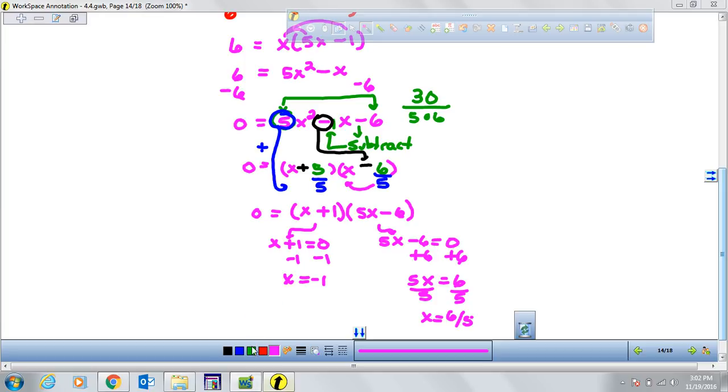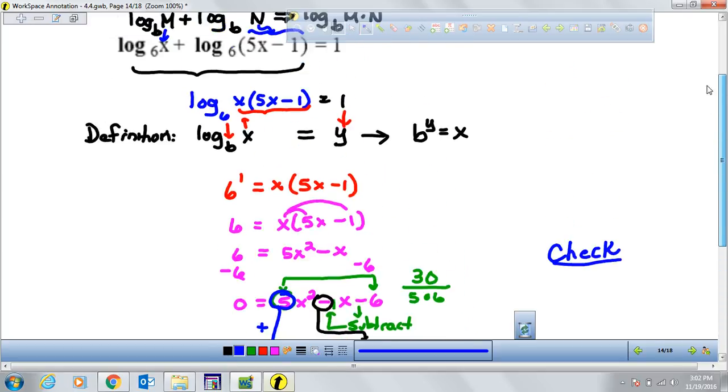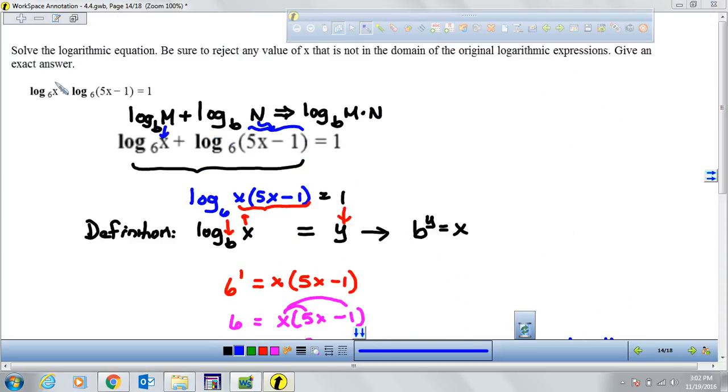But now keep in mind that we need to check the solutions. I'm going to do the checking right here. To check them, we need to first find the domains of the original logarithmic expressions by setting each one greater than 0. So we're going to go all the way to the originals at the top, and we're going to say that this x must be greater than 0, and that is already x by itself, so that is my domain of the first one.